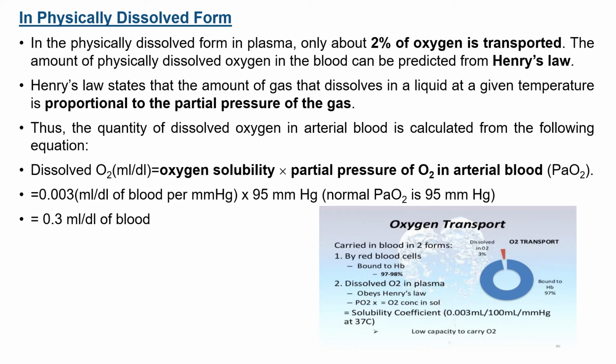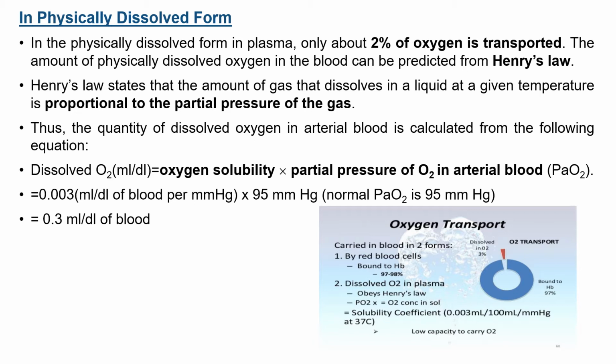Thus, the quantity of dissolved oxygen in arterial blood is calculated from the following equation. Dissolved oxygen equals oxygen solubility times partial pressure of oxygen in arterial blood, which equals 0.003 ml per deciliter of blood per mmHg times 95 mmHg.